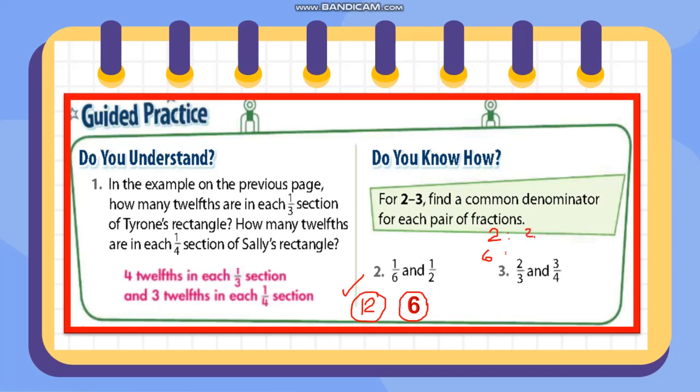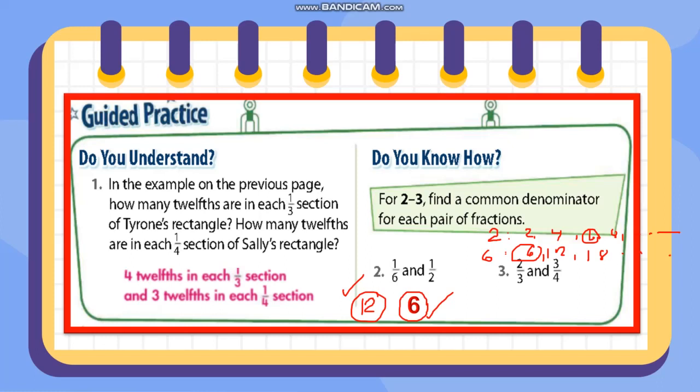For 2, we have 2, 4, 6, 8, and so on. Then 6, 12, 18, and so on. Do I have a common one now? Yes, 6 and 6 are common. So 6 is also a common denominator of 1/6 and 1/2.